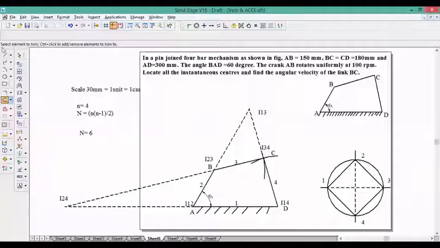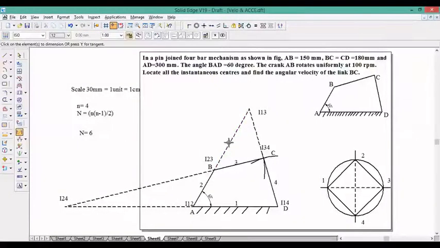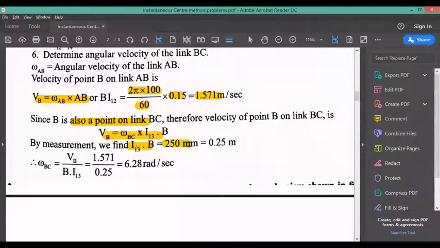I13 to B, the distance is 83 mm. That means 8.3 centimeters. If you take 8.3 centimeters and convert into scale, we get 250 millimeter. So 250 millimeter is the distance, that is 0.25 meters.